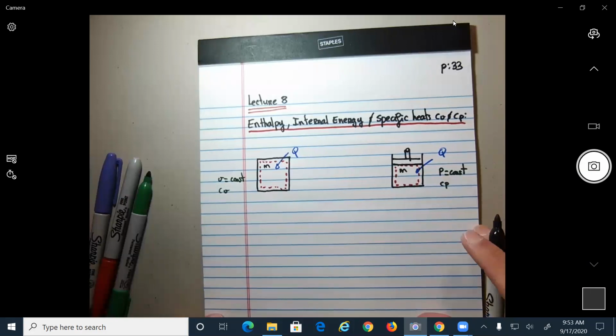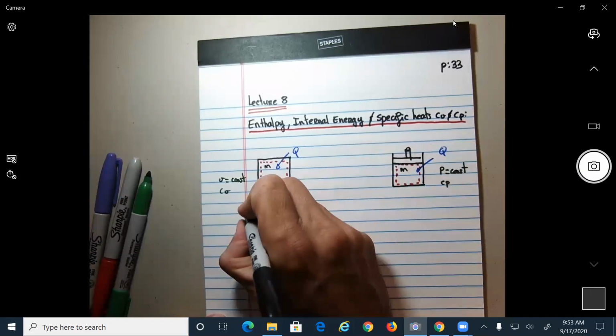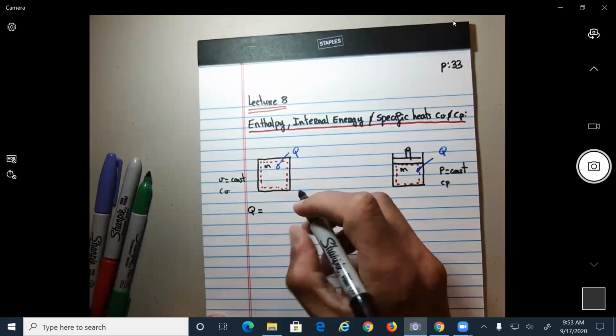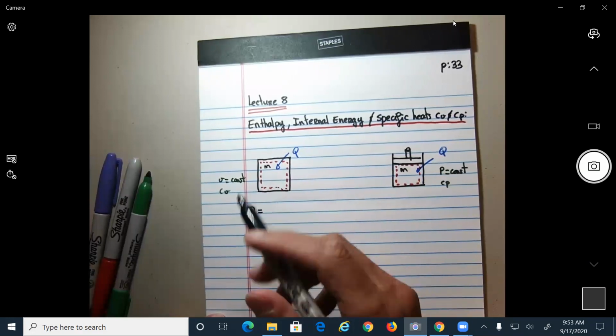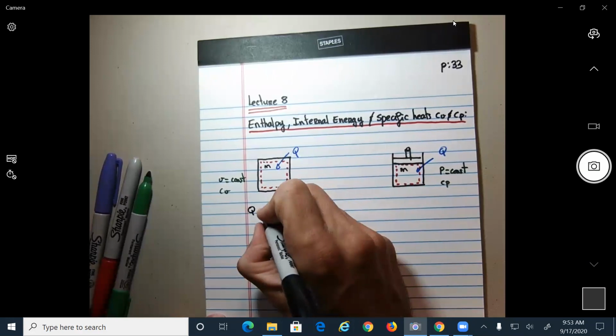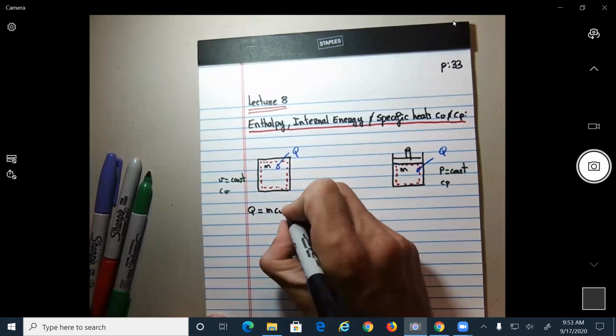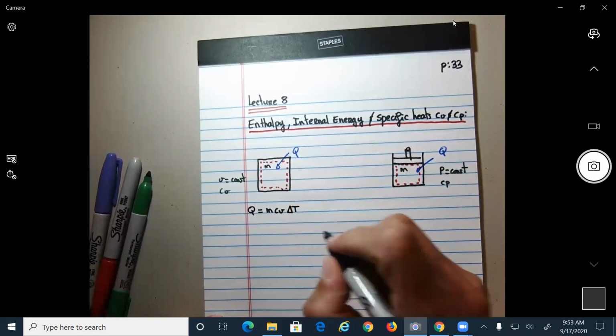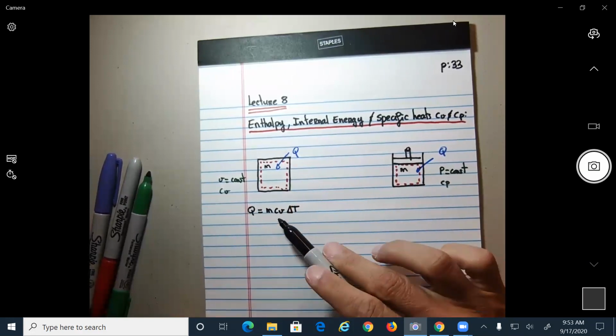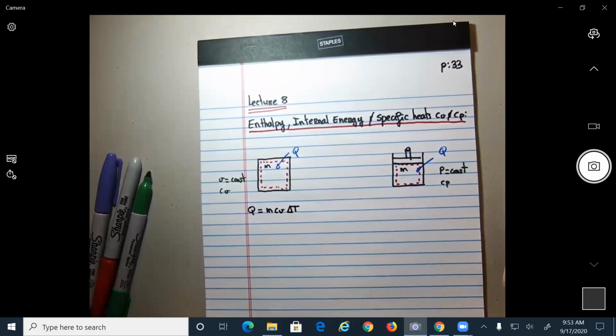All right, so basically here, in this case, the amount of heat that you need to put into the system is proportional to the mass, CV, times the change in temperature. And remember, CV, we say, is the specific heat. So specific heat basically means how much heat that substance can retain, no?